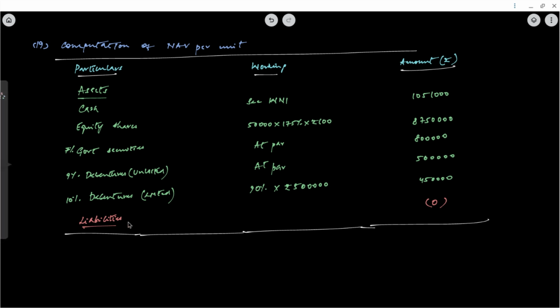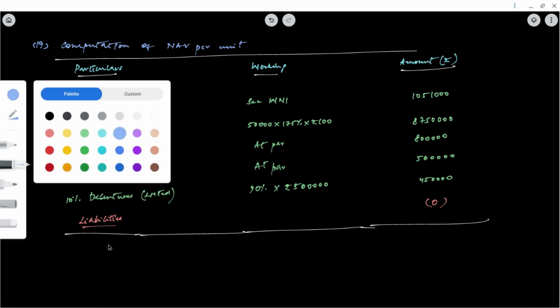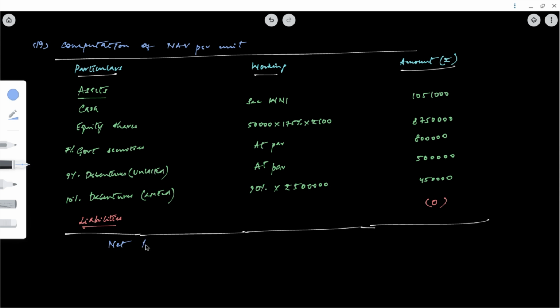So assets minus liabilities will give us net asset value. Let us calculate this: 10 lakh 51,000 plus 87 lakh 50,000 plus 8 lakh plus 5 lakh plus 4 lakh 50,000.